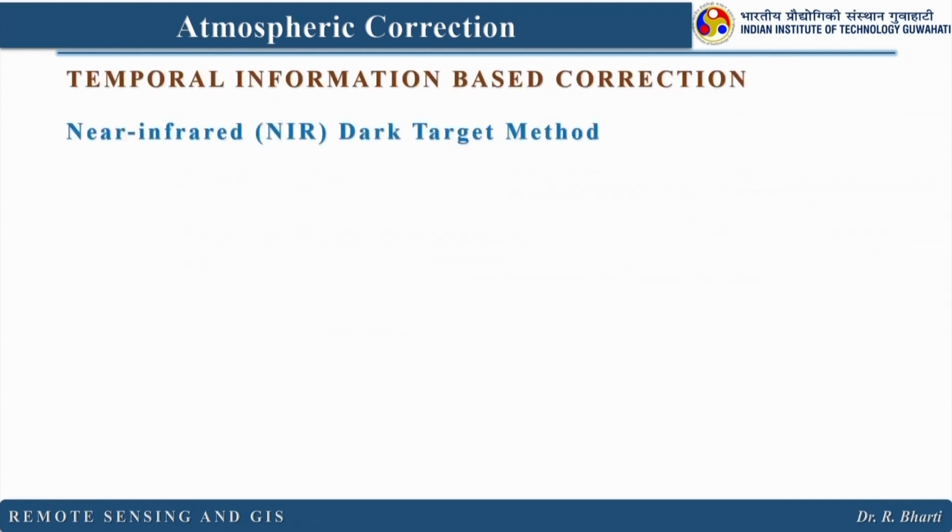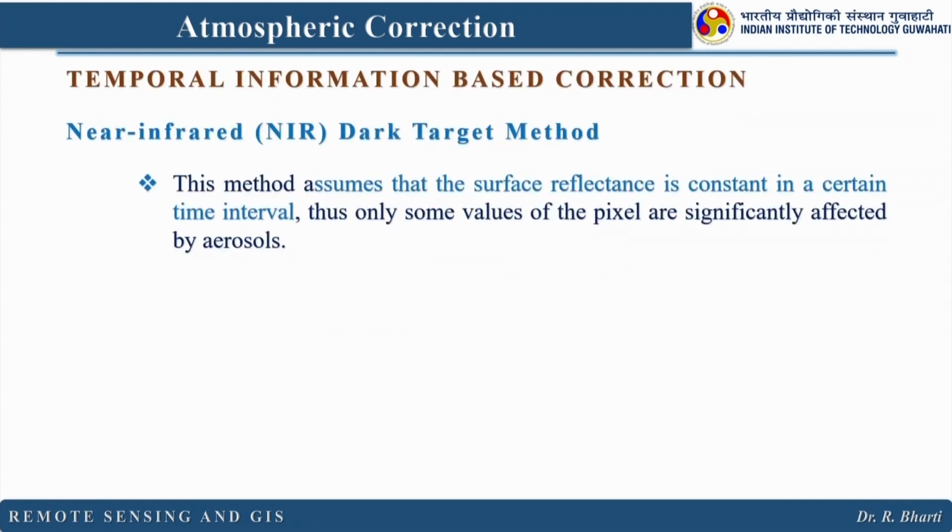Now, the next one is near infrared. The method assumes that the surface reflectance is constant in a certain time interval, thus only some of the pixels are significantly affected by aerosol.